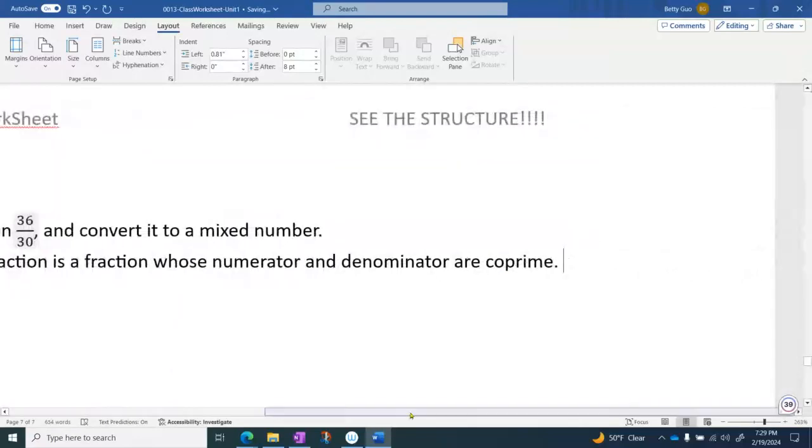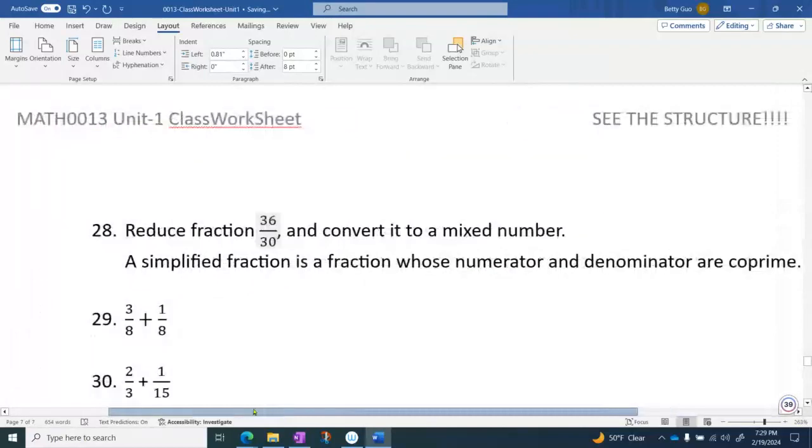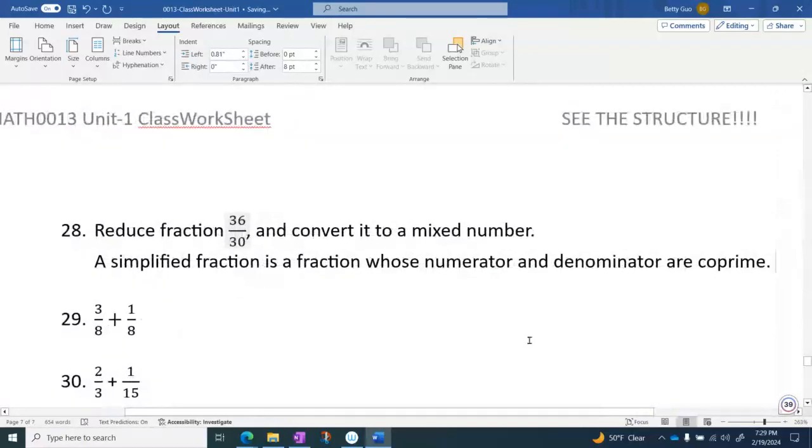You see, we use the concept we learned earlier. How do we know if a fraction is simplified? We look at the numerator and the denominator. If they are co-prime, then the fraction is simplified.